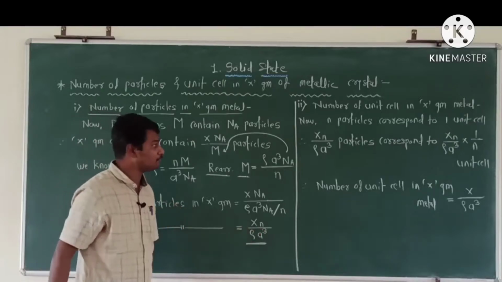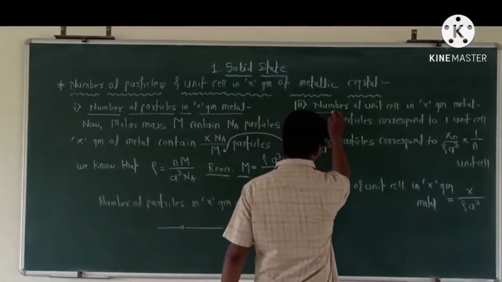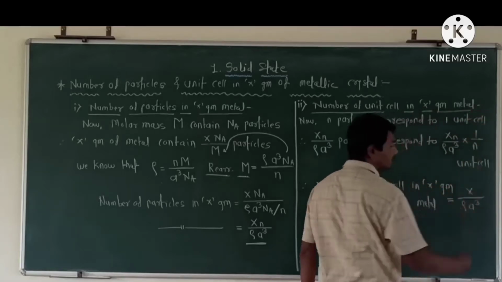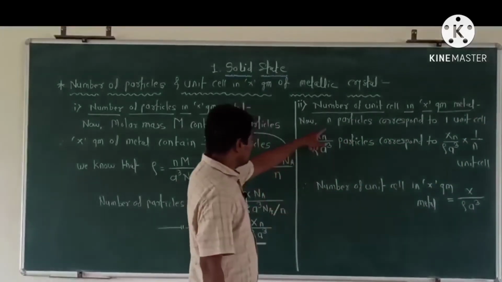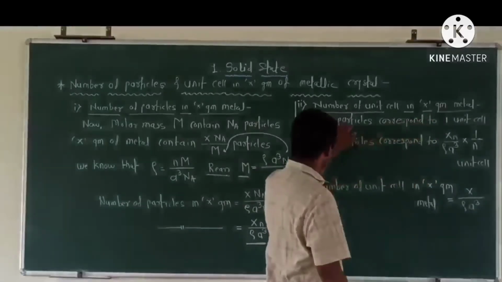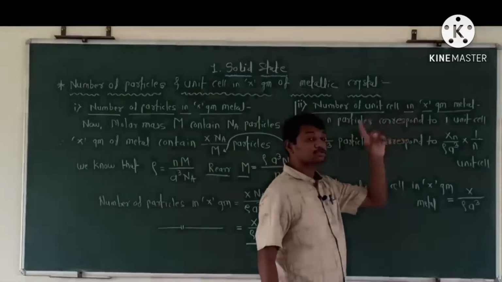Okay, now the second point, the number of unit cells in x gram of metal. Now n particles correspond to one unit cell.